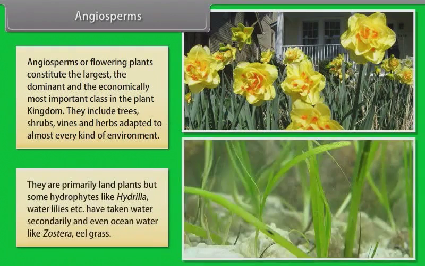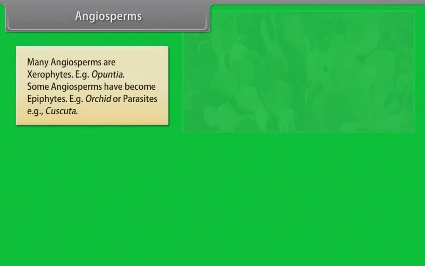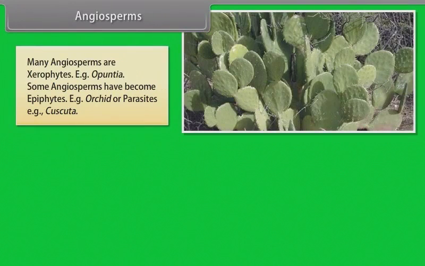They are primarily land plants, but some hydrophytes like Hydrilla, water lilies, etc. have taken to water secondarily, and even ocean water like Zostera, eel grass. Many angiosperms are xerophytes, example Opuntia. Some angiosperms have become epiphytes, example orchid, or parasites, example Cuscuta.